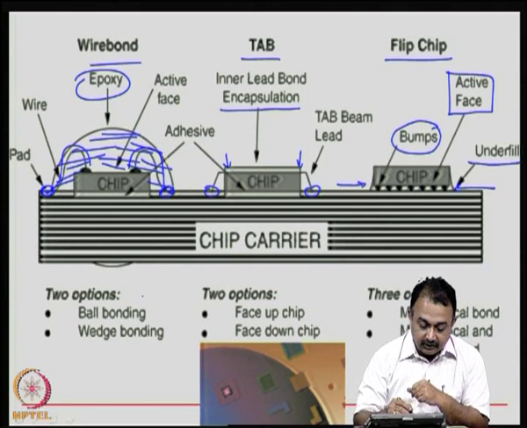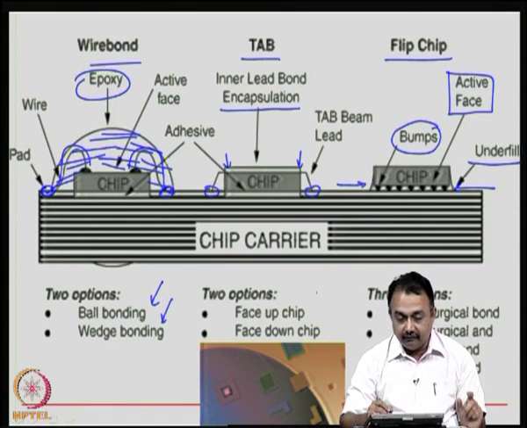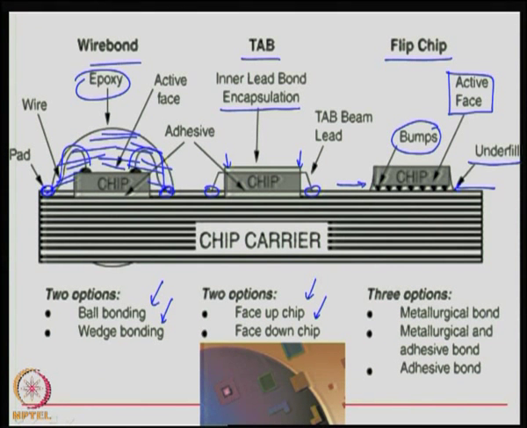There are two options in wire bonding, one is known as ball bonding, the other is wedge bonding. Two options of placing your chip, one can be face up, the other can be face down, and there are three options of bonding in terms of how you establish the basic solder connection or wire bonding.